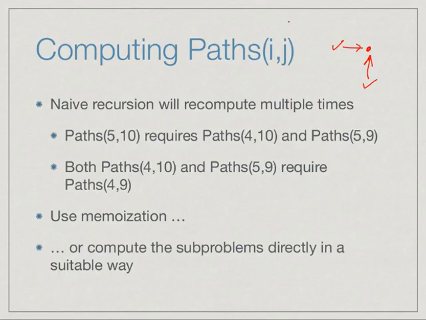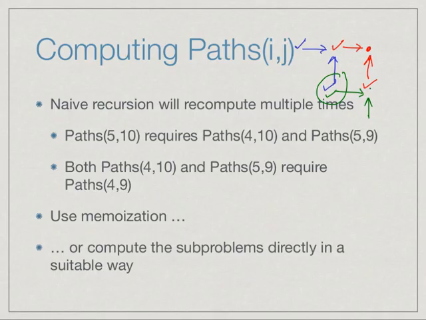But in turn, in order to compute 4, 10, I will have to compute whatever is to its left and below it. And in order to compute 5, 9, I will also have to compute what is to its left and below it. And now what we find is that this quantity, namely 4, 9, is computed twice. Once because of the left neighbor of 5, 10 and once because of the neighbor below 5, 10.